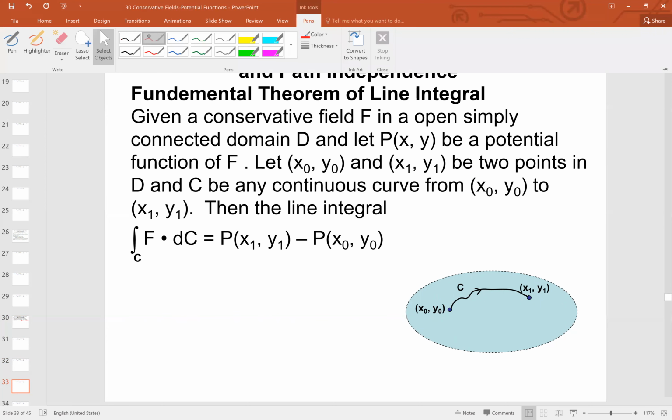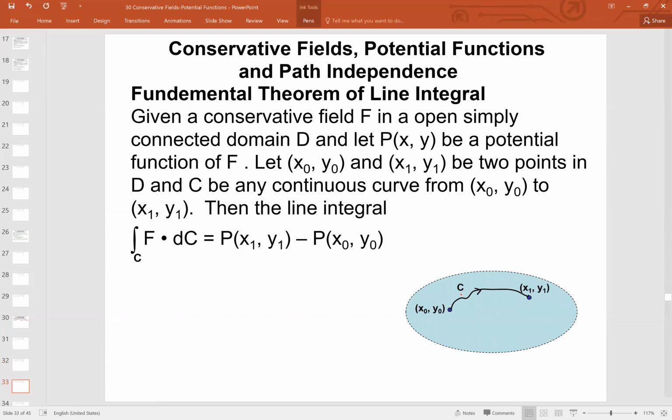Okay, one more time. If I want to find out the total work that's done over these conservative vector fields, I have a potential function P of x, y that gives rise to this vector field.